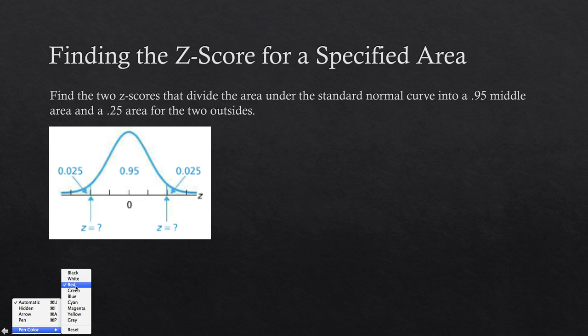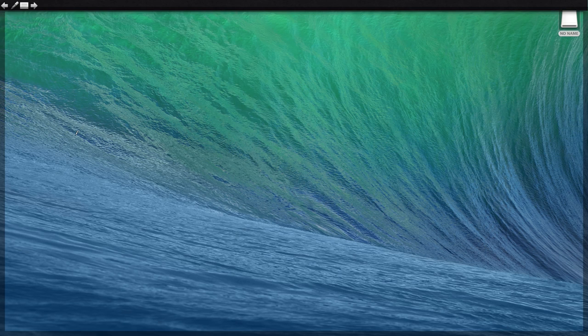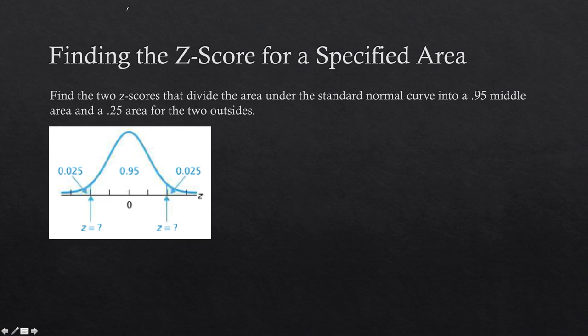That's a misprint on my part. Okay? That should say 0.025 for the area for the two outsides. Alright, so we need to find the z-score that gives us this for these areas of these two outsides.